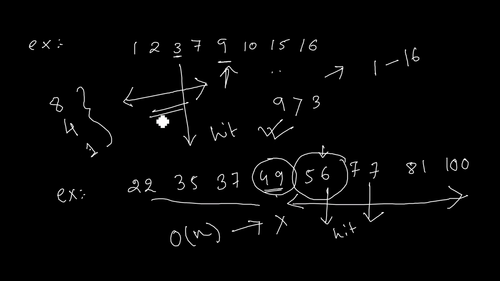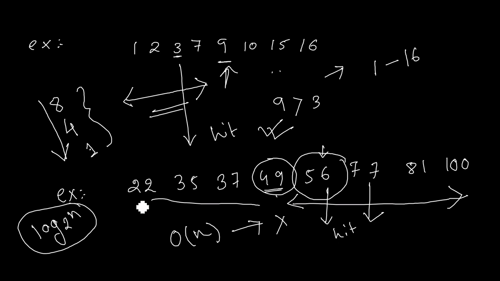First it has 8 elements, then 49, 56 to 100, 4 elements, and then only one element, 56. So this way it is decreasing, or we can say it's actually log of n time. So we had 8 elements and we had only these 3 passes, so it's log of n.